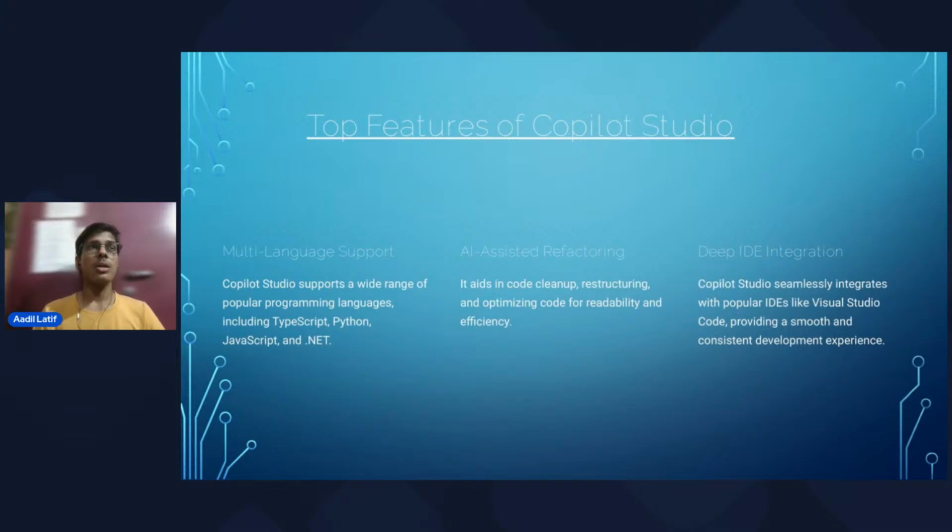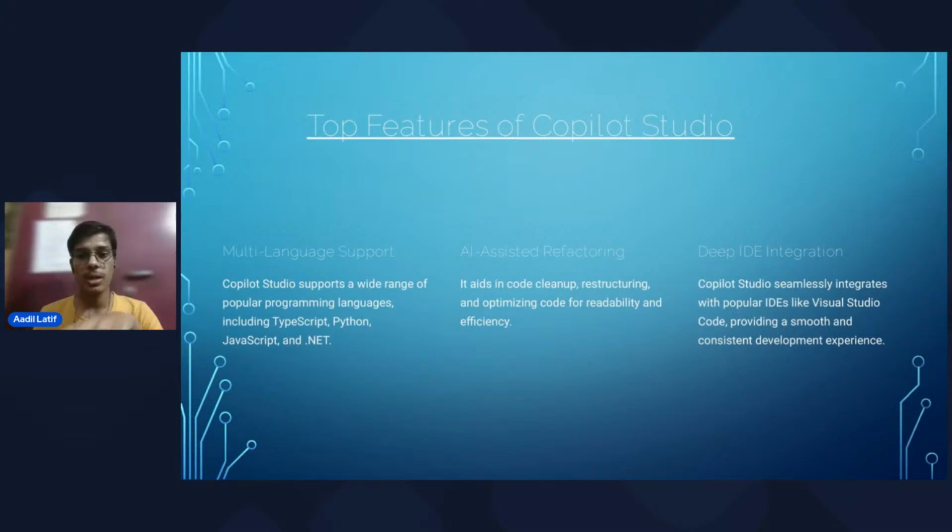If we use Copilot Studio, we can code using our own language, one that is not a Copilot Studio language. We can use the specific language that we know. GitHub Copilot Studio provides very diverse language compatibility.